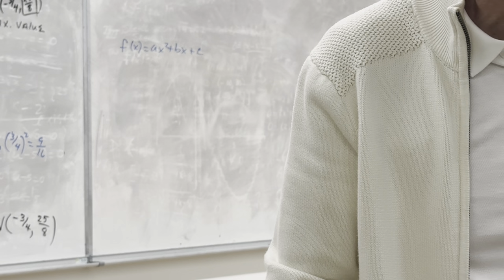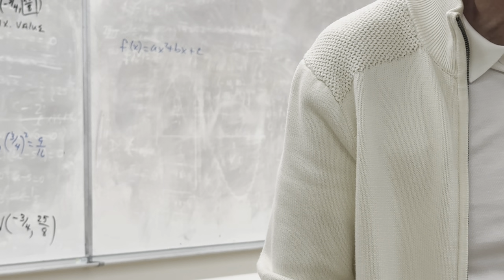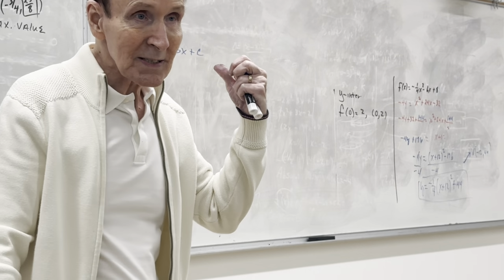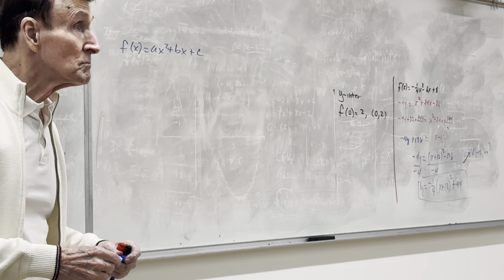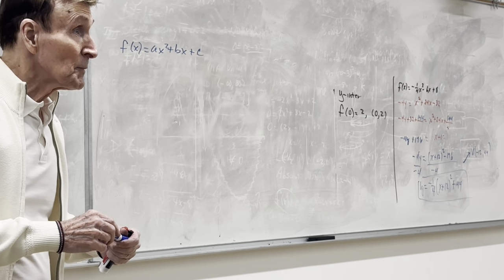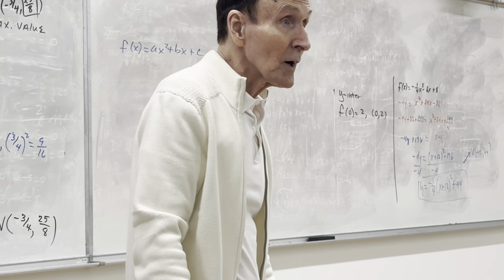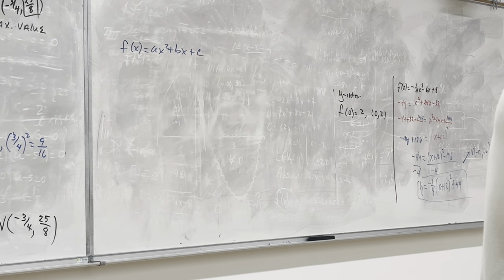Now, don't get lost. Wait till you see what happens. I want to complete the square on this, with no numbers. Oh, are you going to be shocked when we do this? It's going to get messy, but wait till you see what happens.